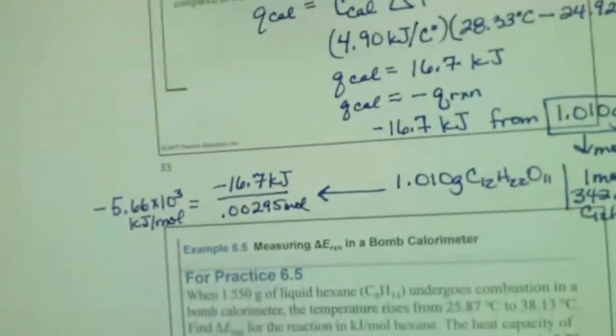Now, sometimes students freak out because they're like, that's a negative value. Yes, it is, but that's good because remember, this reaction is giving off heat. If we combust something, that gives off heat. So that is okay.